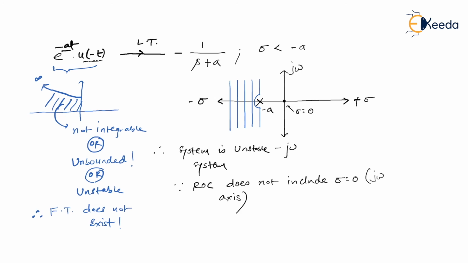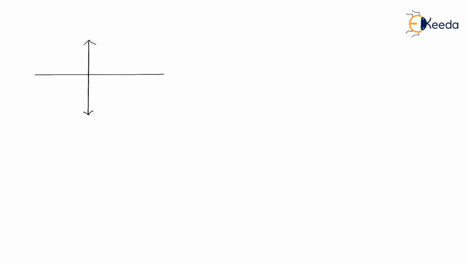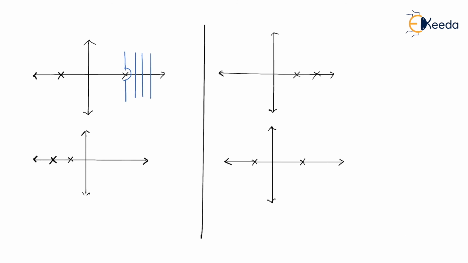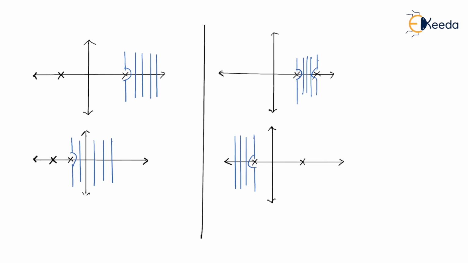Now we will take few examples over here. So here you have to just answer whether it is stable or unstable. So look at a very first example. As you can see, ROC area doesn't include j omega axis, therefore it is unstable.